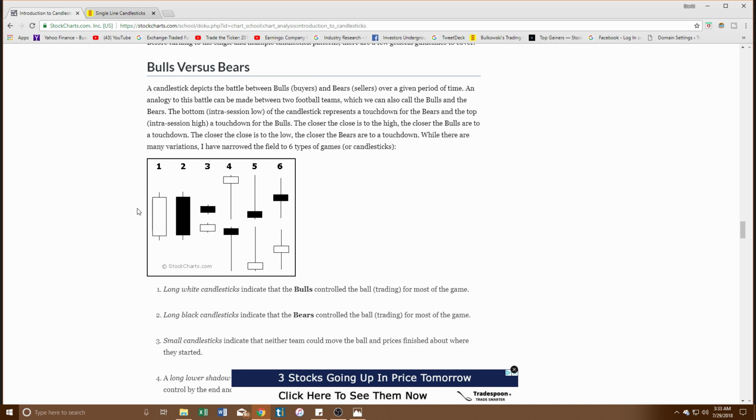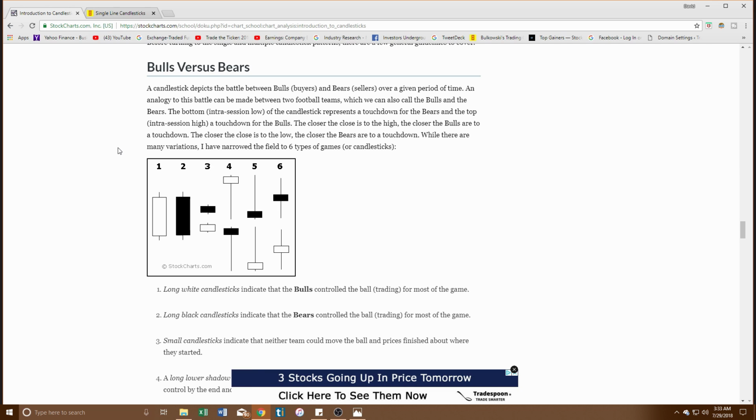So we have bulls versus bears. A candlestick depicts the battle between bulls, buyers, and bears, sellers, over a given period of time. An analogy of this battle can be made between two football teams, which we can also call the bulls and the bears.